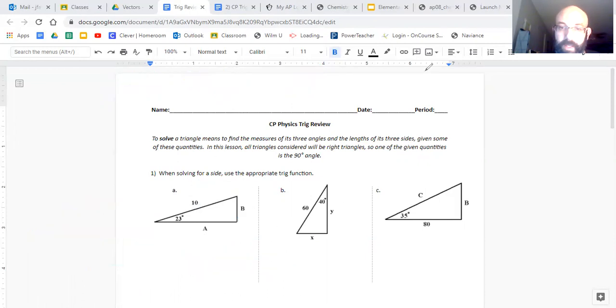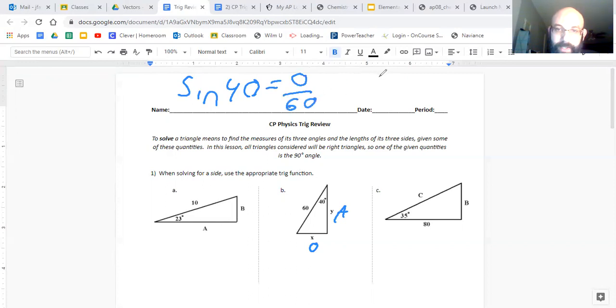All right. So if we look at B, same idea. If we want to solve, right, opposite and adjacent, it's literally the same type of problem. So we end up with sine of 40, and then this is going to be opposite over 60.